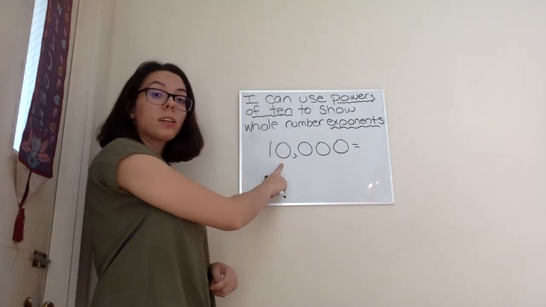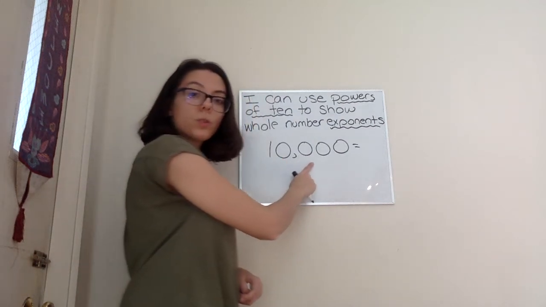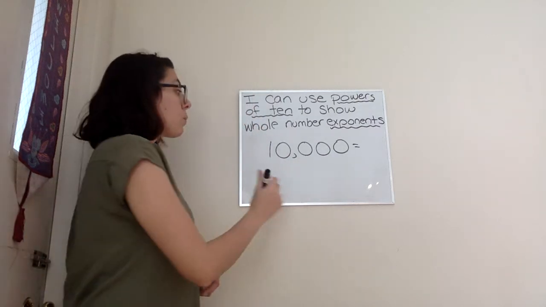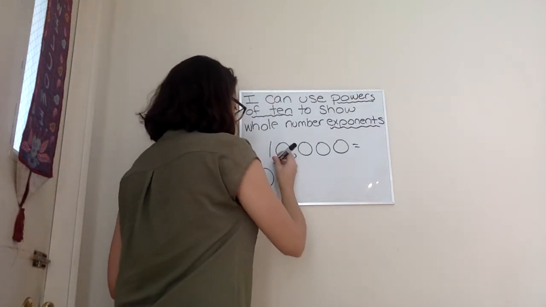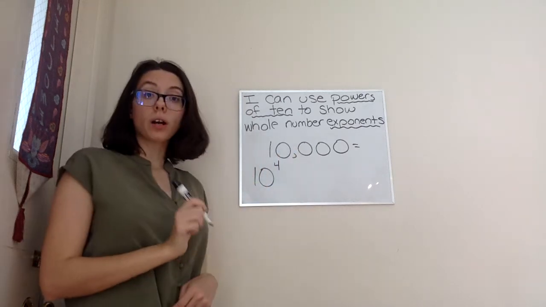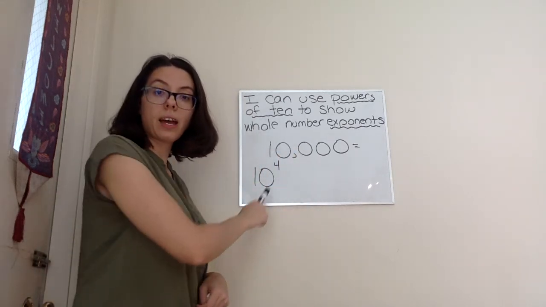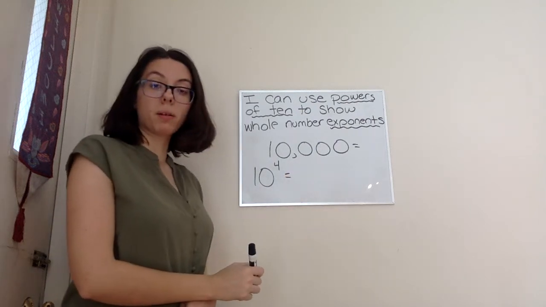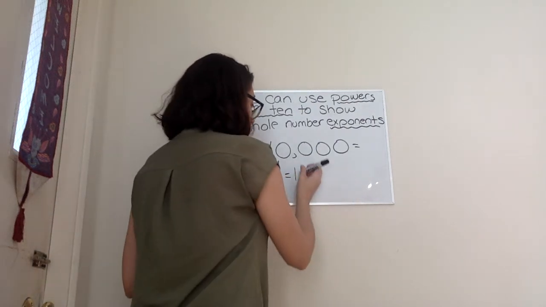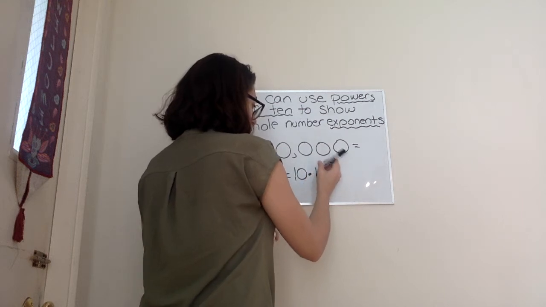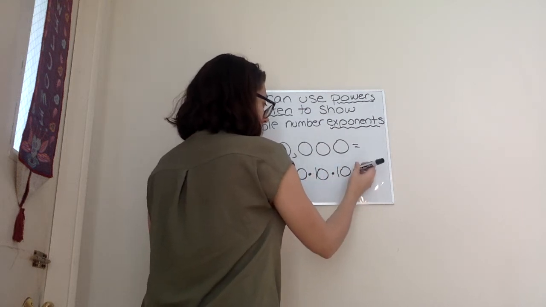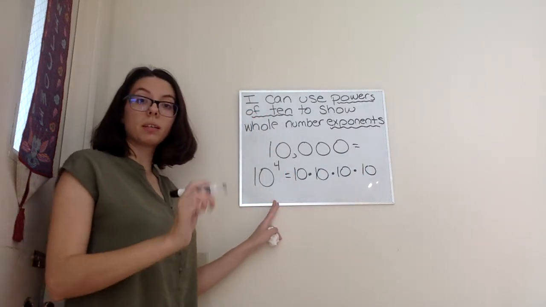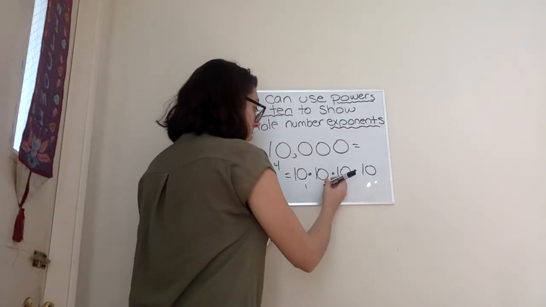Well, I can see, looking at this, that there are 1, 2, 3, 4 zeros, which tells me that I have 10 to the fourth power. I also could write out my repeated multiplication as 10 times 10 times 10 times 10. So I'm repeatedly multiplying 10 4 times.